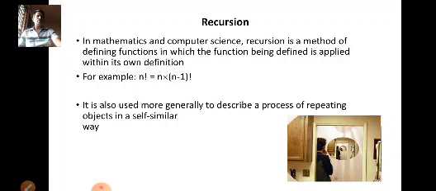It is also generally used to describe a process of repeating objects in a self-similar way. Okay. In recursion, a procedure can call itself, perhaps indirectly. In the general structure of a recursion: if the stopping condition holds, then solve the base problem.